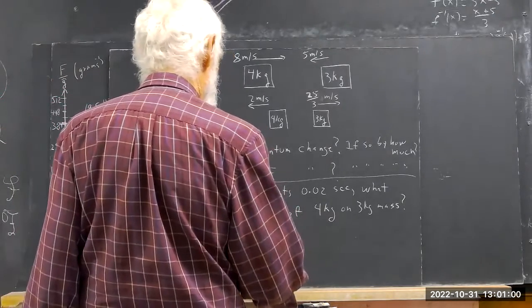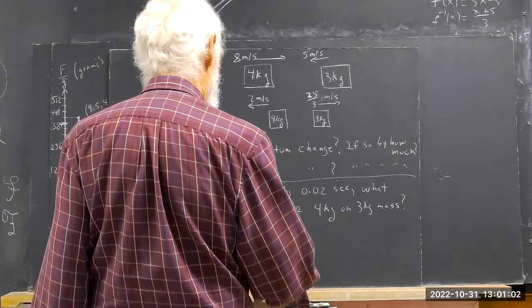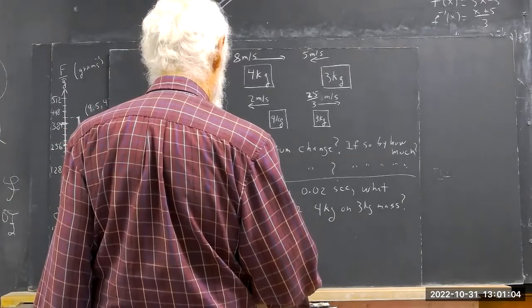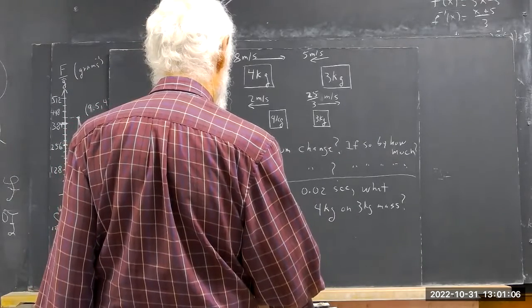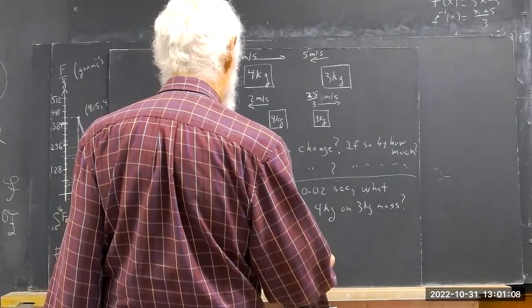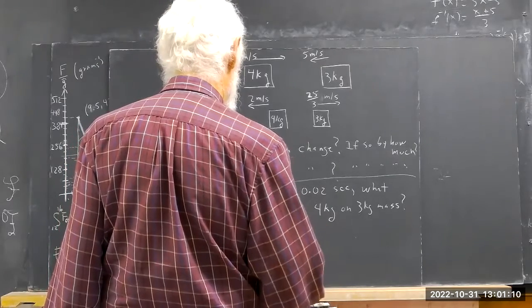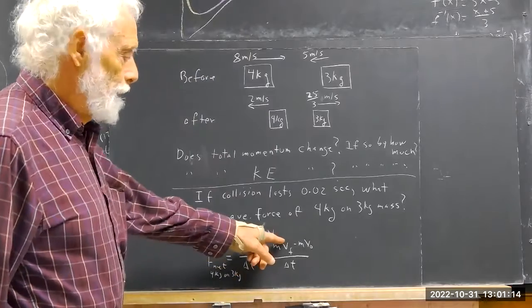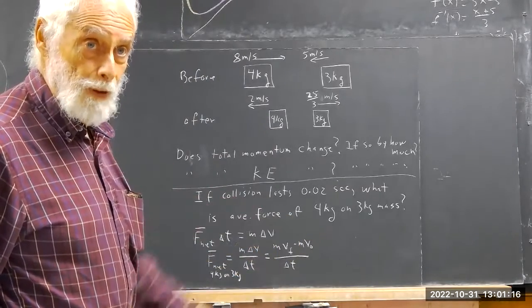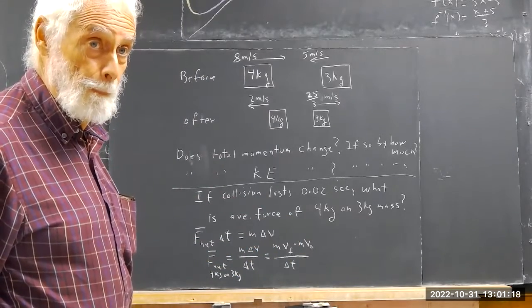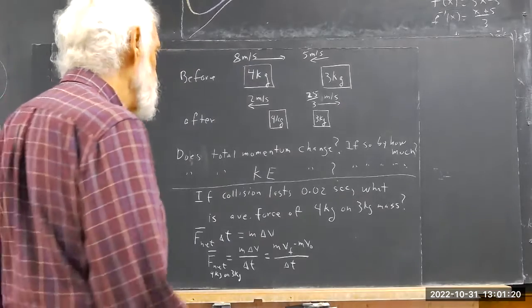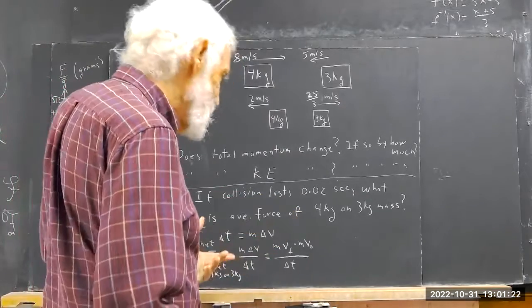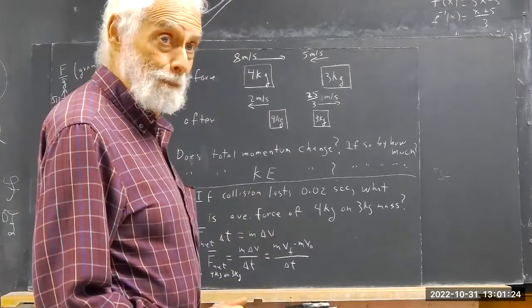So that's going to be M times its final velocity minus M times its initial velocity, right? Which is, of course, change in P over change in T.